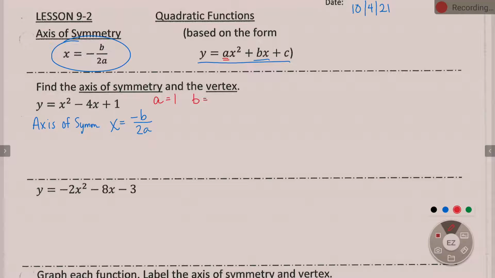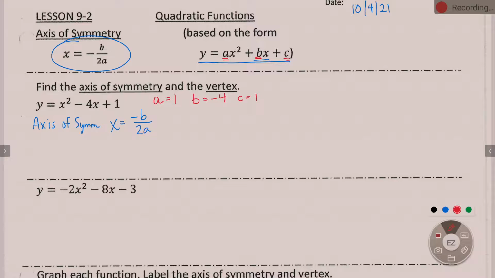What is b? B is negative 4. Okay, the number in front of x is negative 4. And what is c? C is the number added or subtracted without an x, and so c is 1. Okay? That's a big thing right there. You have to know your ABCs to do this class.